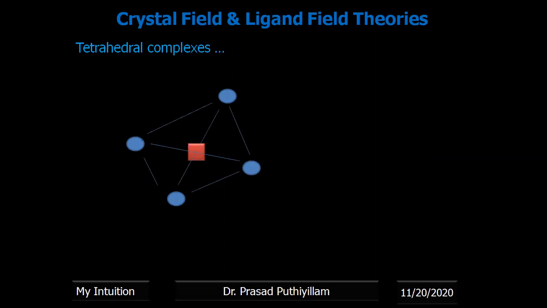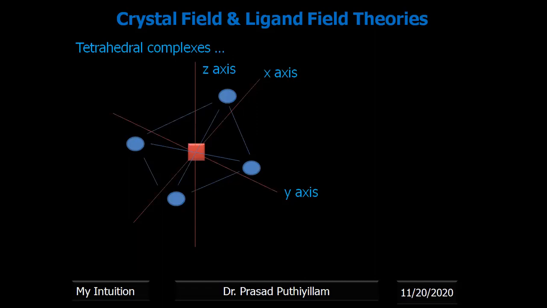The central metal atom is at the exact center of the tetrahedron, and this is the tetrahedral shape, so a tetrahedral complex. And these blue spheres represent the ligands, the charged centers. We call them charged centers, and this is the x, y, z axis.